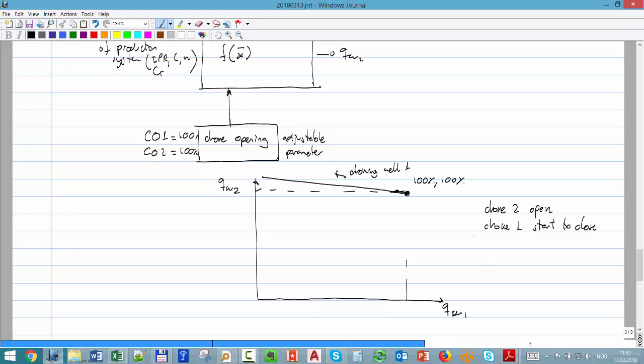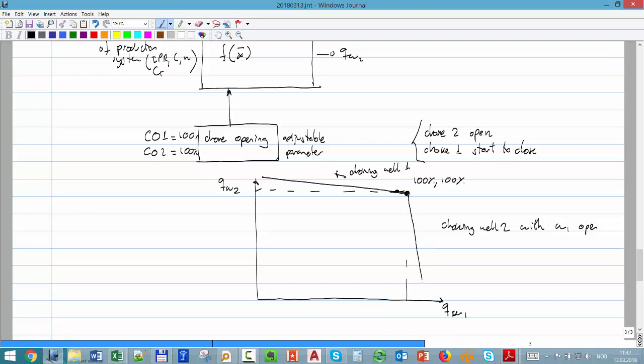Let me just put that up here. And then I go choking well 2, with well 1 open, and I will find a curve exactly like that.